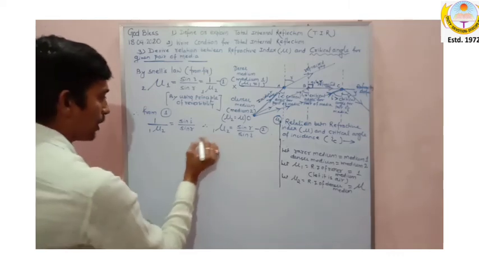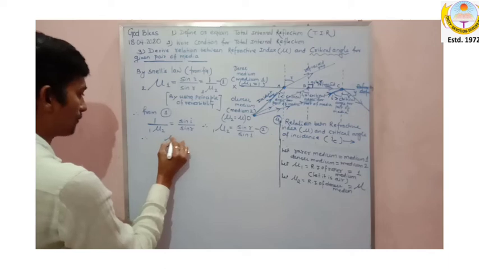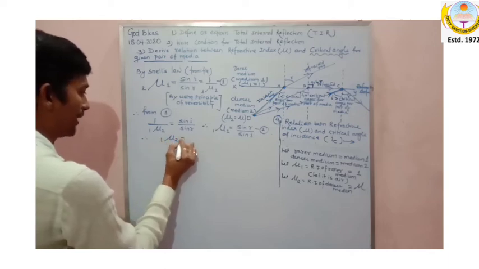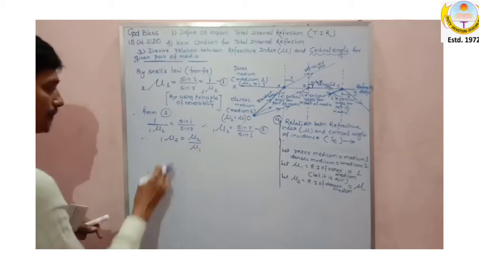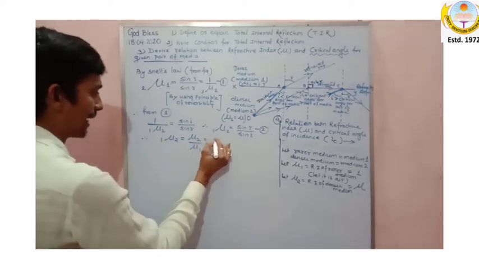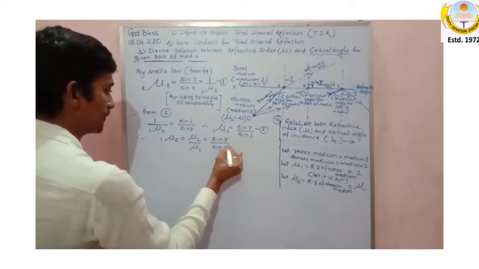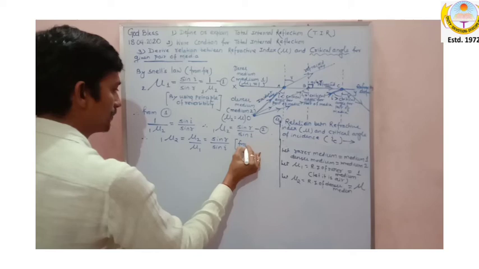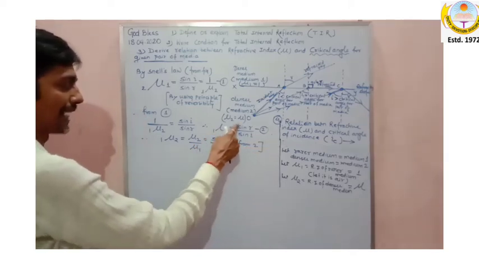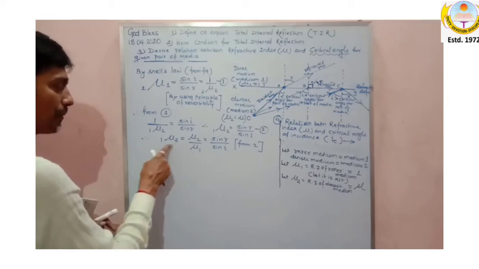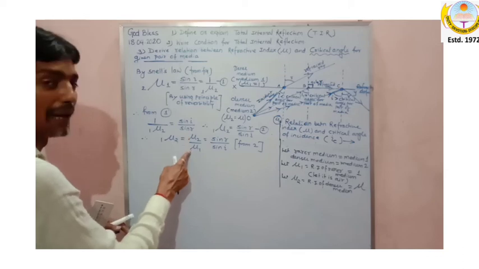Now my dear, you all know that mu of 2 with respect to 1 can be written as mu 2 divided by mu 1, and this can be written as sin R divided by sin I, that is from 2. I have written mu of 2 with 1 is sin R by sin I, but mu of 2 with 1 can be written as mu 2 by mu 1.